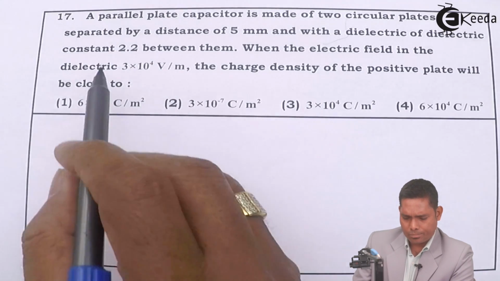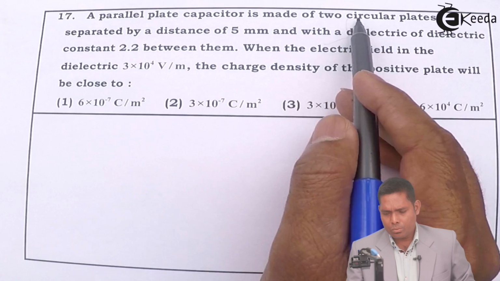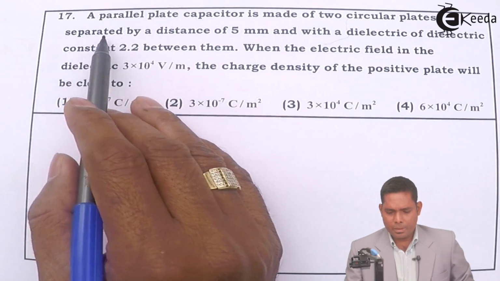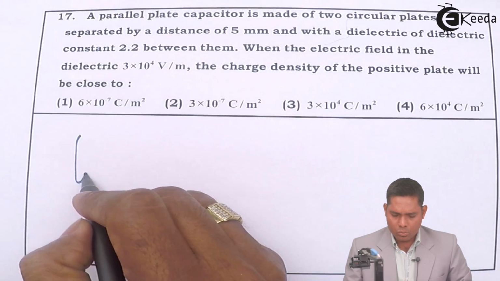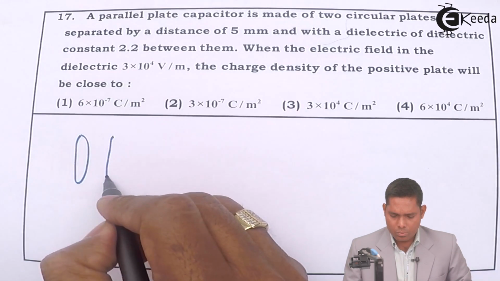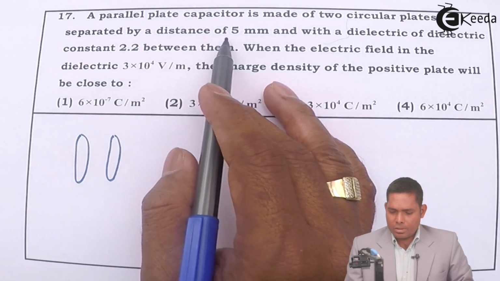Question number 17. A parallel plate capacitor is made up of two circular plates separated by a distance of 5 mm.